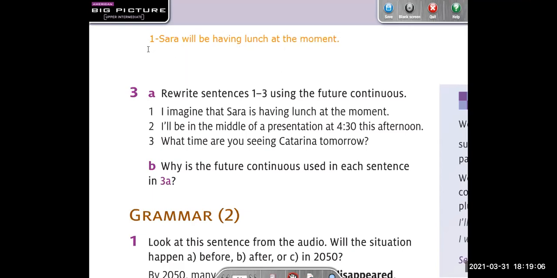Number 2. I'll be in the middle of a presentation at 4:30 this afternoon. What can we say here? What do you think? What can we say in this sentence with the future continuous? But isn't it already in the future continuous?